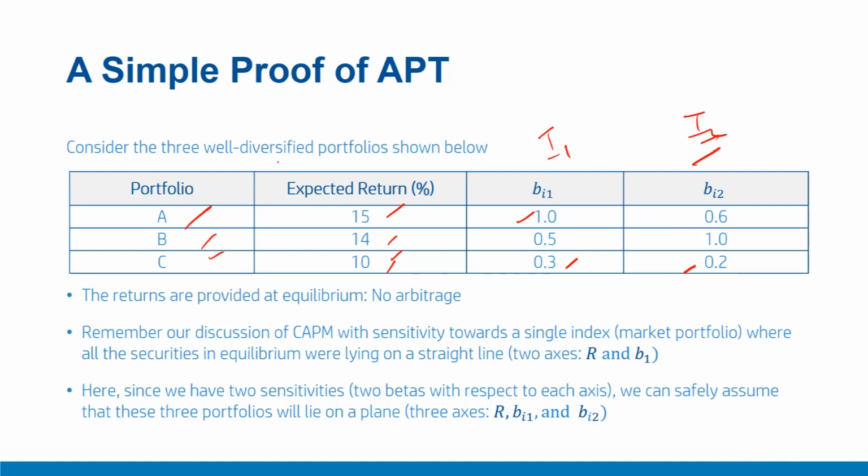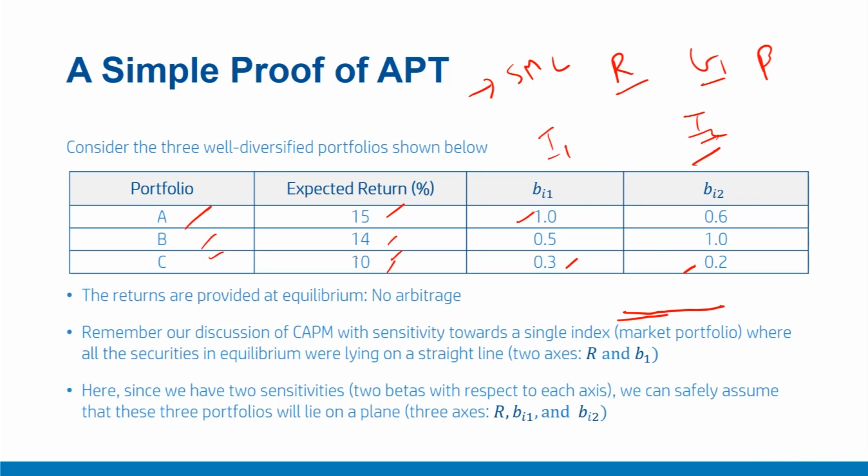Also, please remember our discussions over CAPM, where the sensitivity was towards a single index, which was the market portfolio. All those securities that were in equilibrium as per CAPM were defined by a line called the SML, security market line, which had two axes: R for expected return and B1, which was the sensitivity with respect to the market, or you can call it beta.